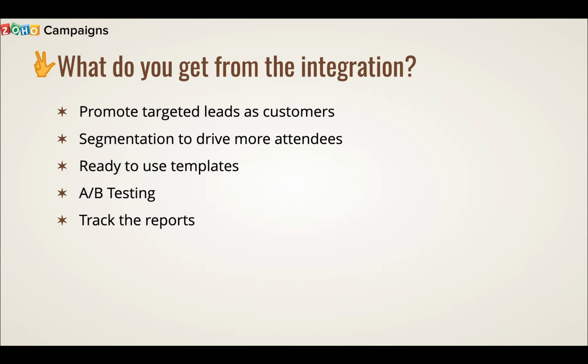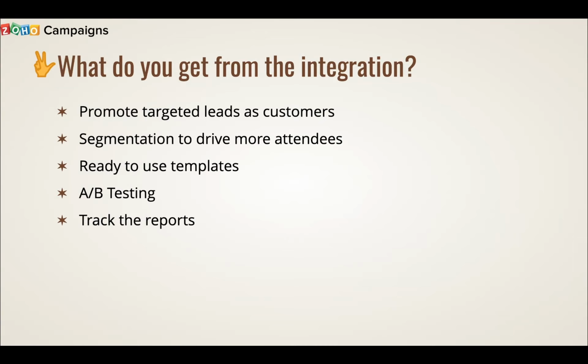You can segment the list in Zoho Campaigns to drive more attendees by sending emails that include an effective overview of what they can expect from the webinar. And there are also pre-designed responsive templates in Zoho Campaigns which will help ease your email marketing efforts.